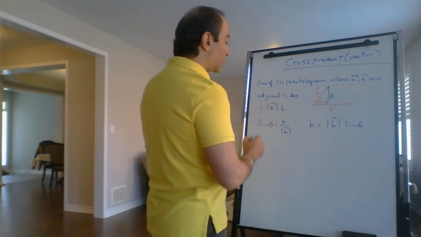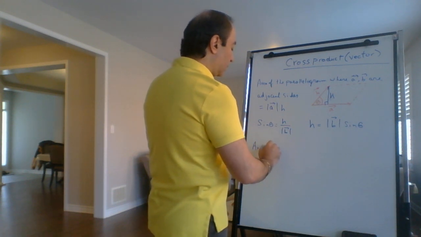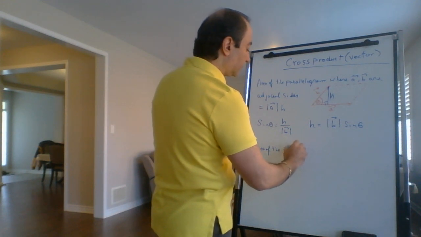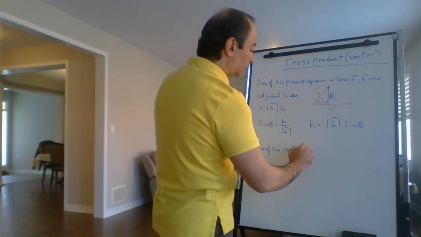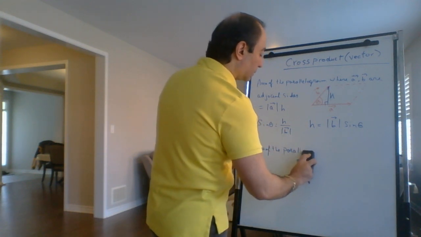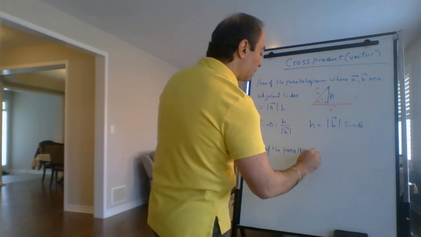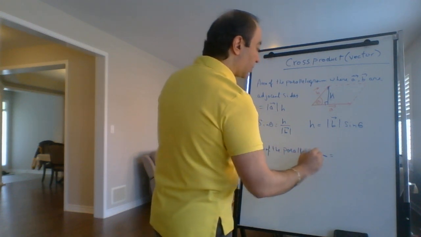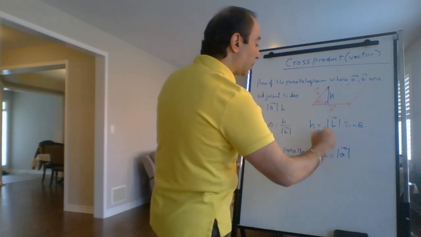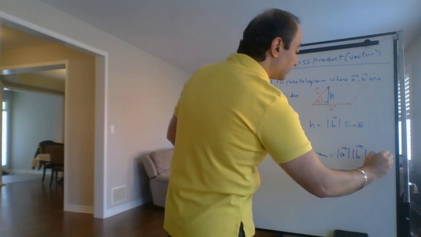So I can write the area of the parallelogram equals the magnitude of A times the magnitude of B sine theta.